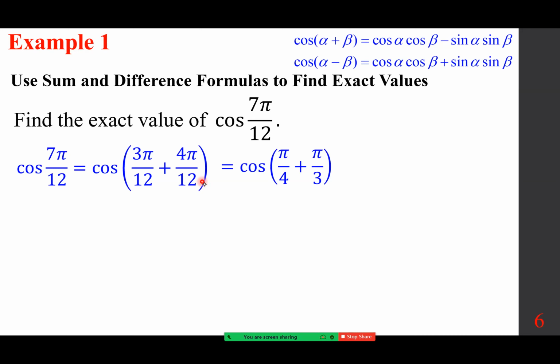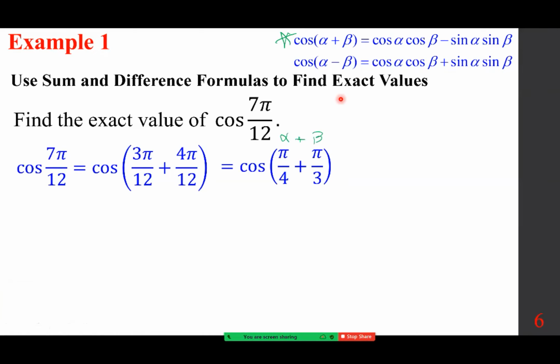So cosine of alpha plus beta is cosine alpha, that means cosine of pi over 4. So this is like alpha, and this is like beta, and this is the formula we are going to use.